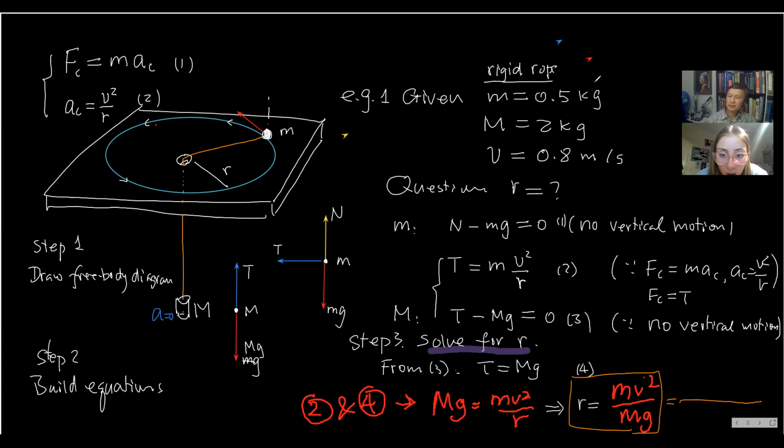G is also known. G is 9.8 meters per second squared. That's right. That's a different mass. Yes, the radius must be very small in this hypothetical question.